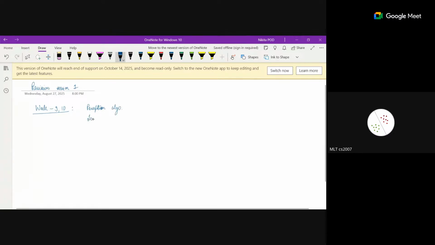Then we are looking at logistic regression and SVM, hard margin SVM. Right. So let's start now. Let's start with the perceptron algorithm.